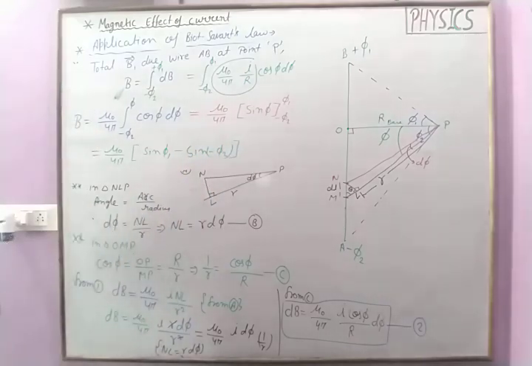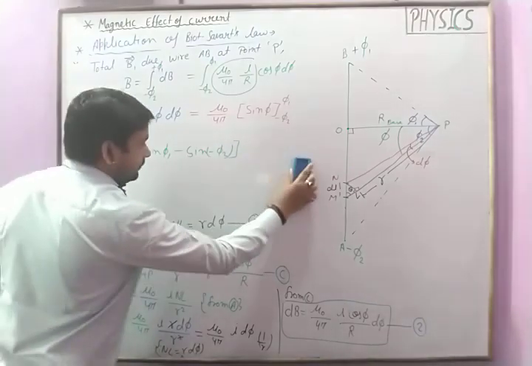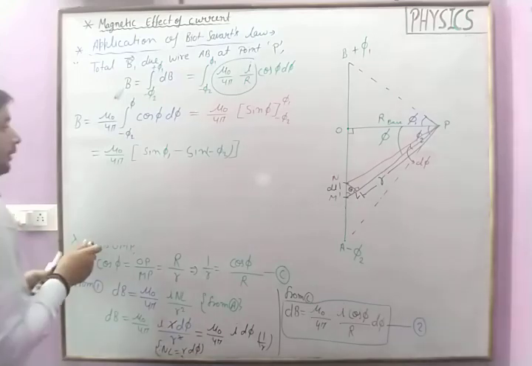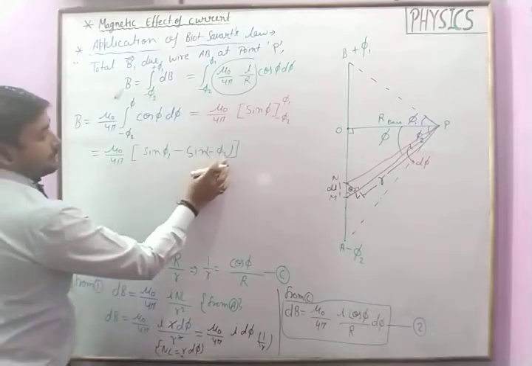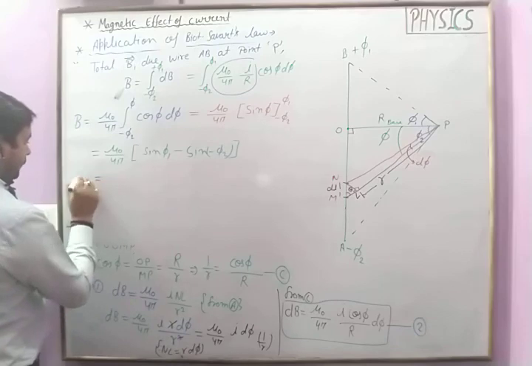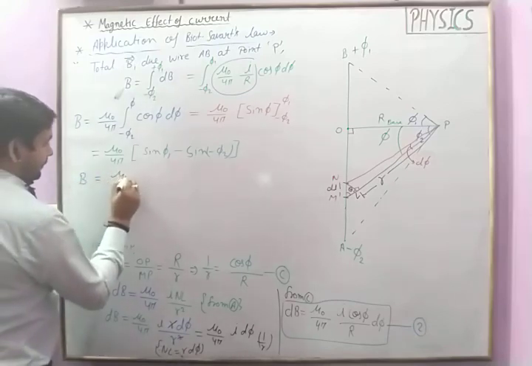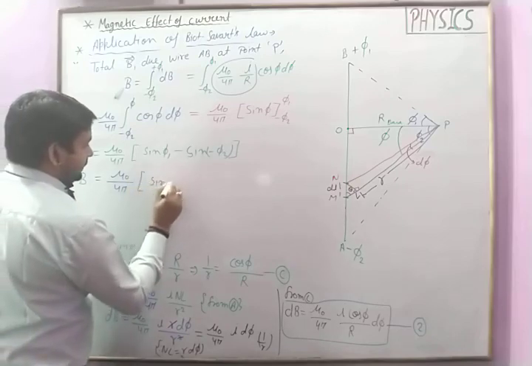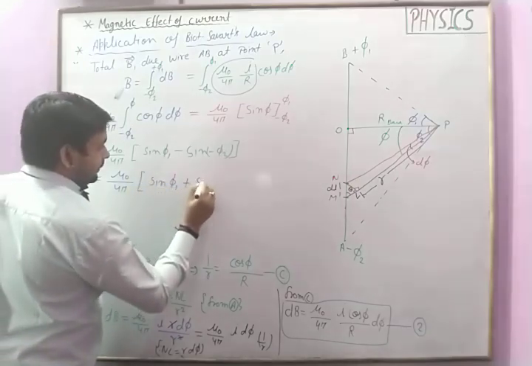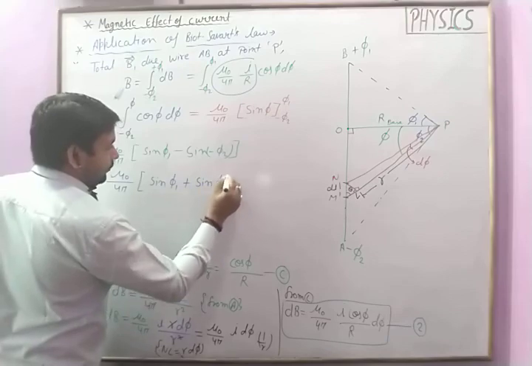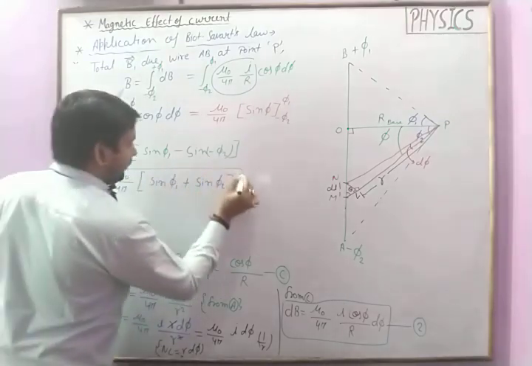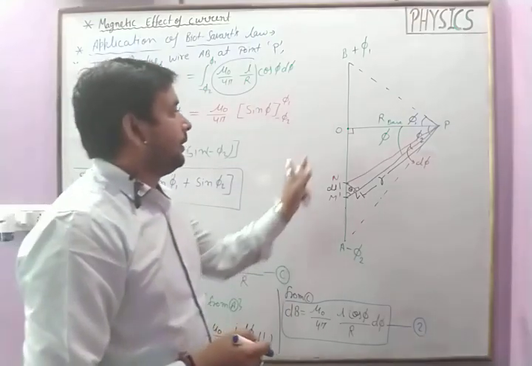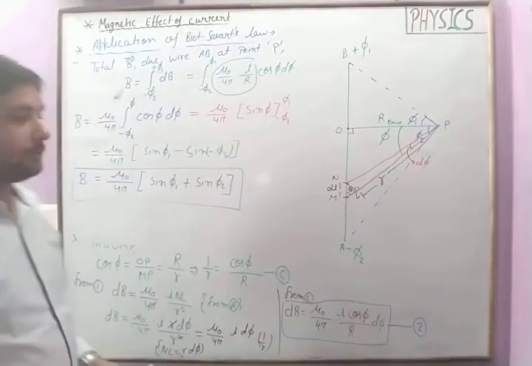Okay, therefore sin minus φ2 is negative, so minus of it is positive, so we can see this magnetic field is mu naught I upon 4 pi r into sin φ1 plus sin φ2. This is the magnetic field due to a straight current carrying conductor at point P. Okay, so copy this.